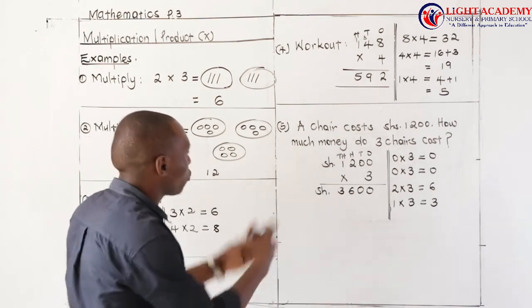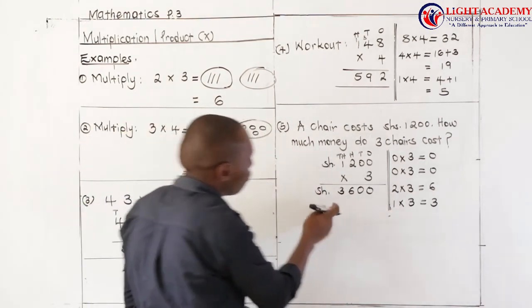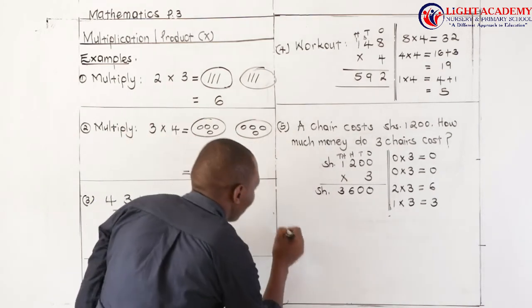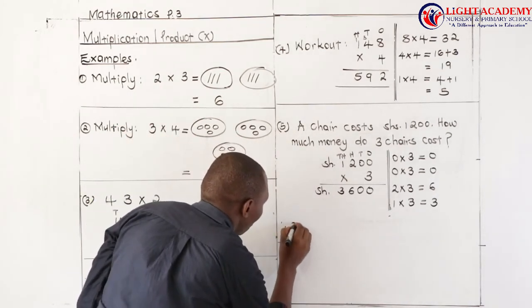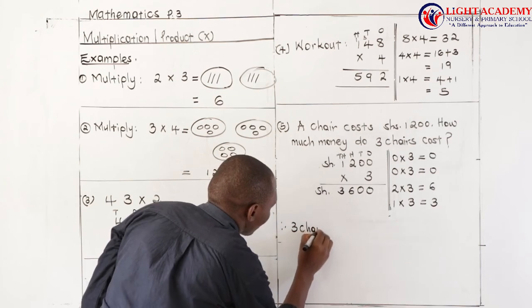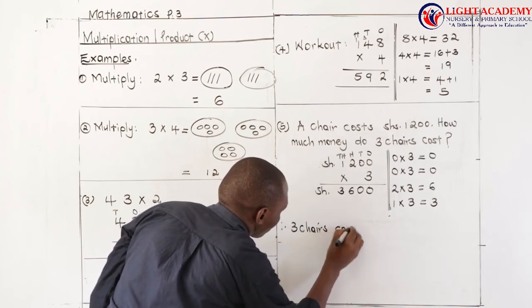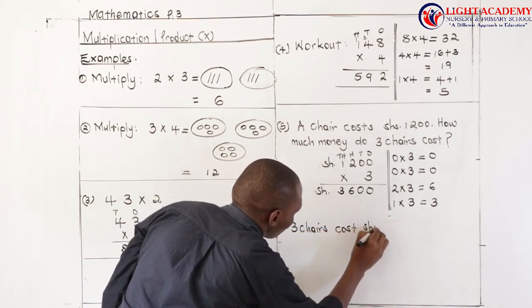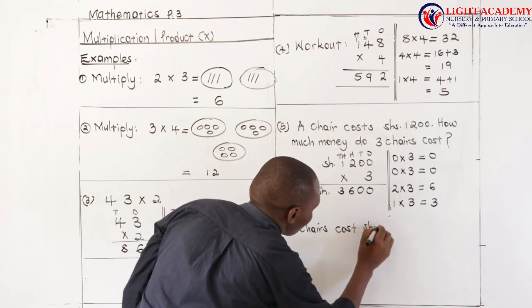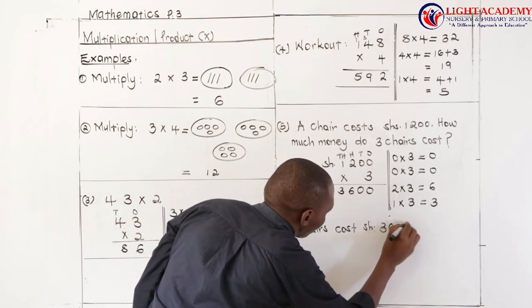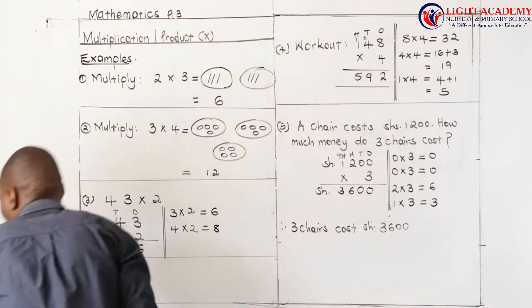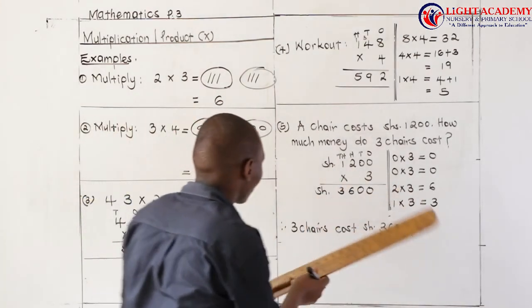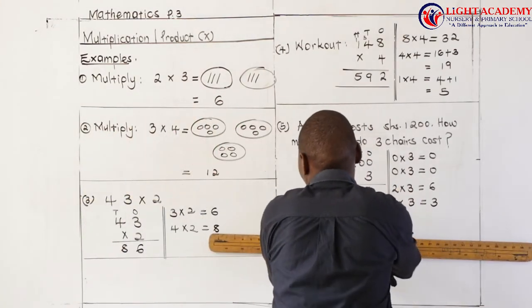So I will be in position to put this unit to mean that I was talking about money, okay? So we can make a conclusion if possible, but even if you leave it at this level, we can simply say, therefore, 3 chairs cost this amount of money, which is 3,600 shillings, like that. Then from there, we shall have gotten the answer.